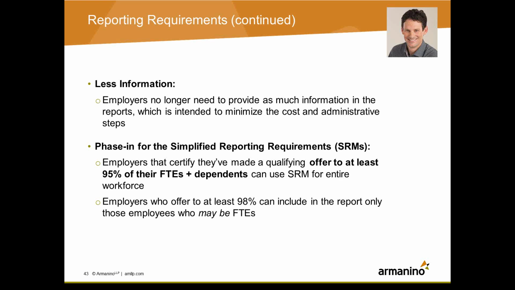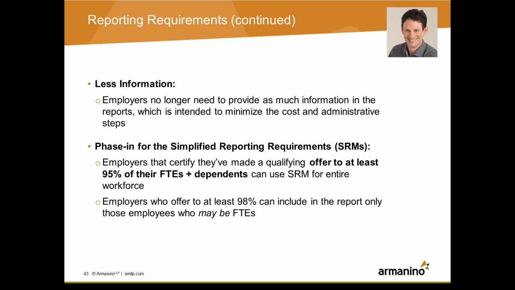A qualifying offer is essentially an affordability offer of insurance that meets the minimum insurance benefit requirement, and that's going to be based on the poverty level. So in this case, if you offer to your employee or employees affordability of $1,100, then that's going to be considered a qualifying offer, and it has to be for the entire year.